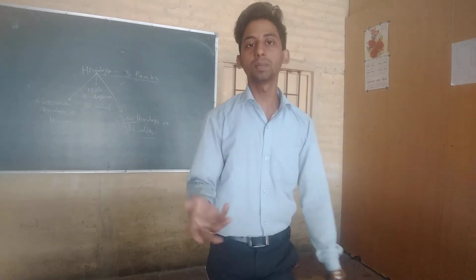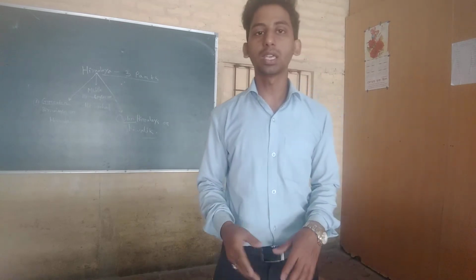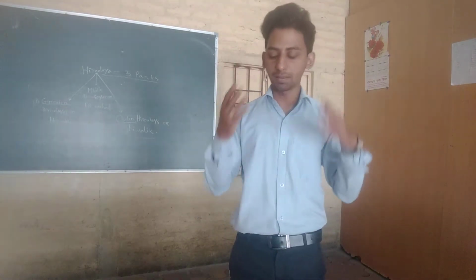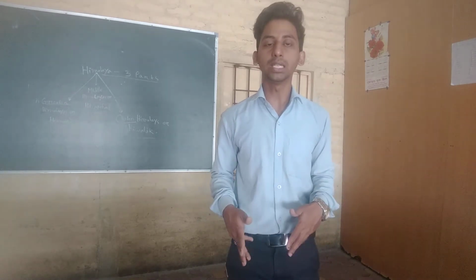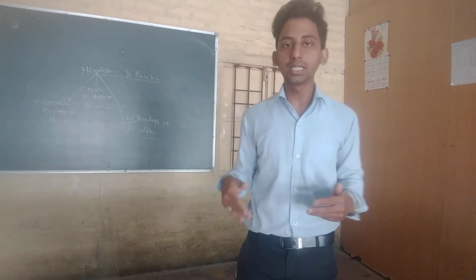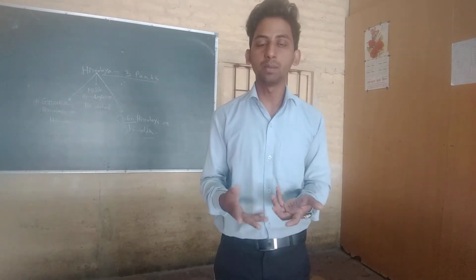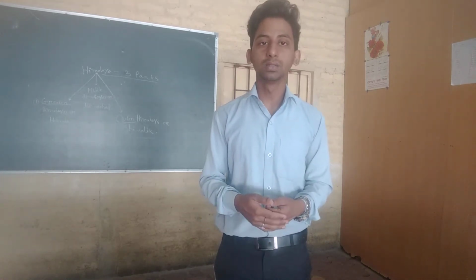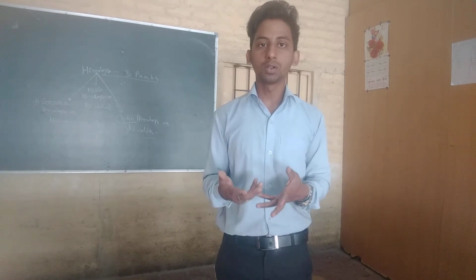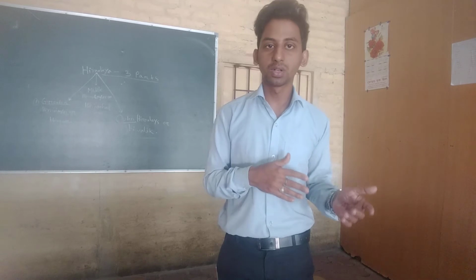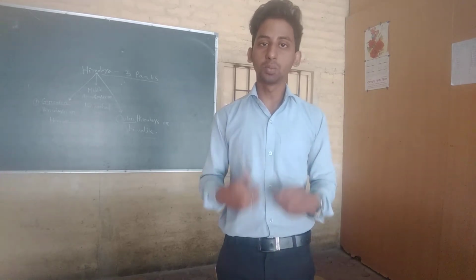Even if I want to move my hand, or if I am standing, it is the brain commanding the body. The brain controls the body, that you stand up, you move your hand, you express yourself by showing the hand. It is all about your brain, through which your body functions.